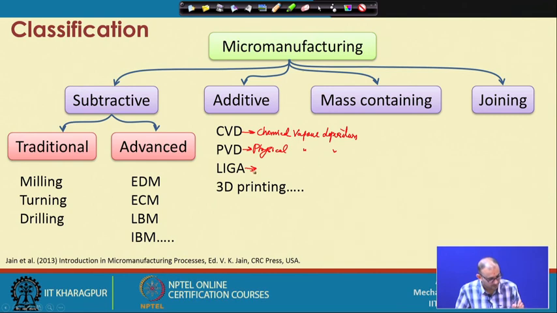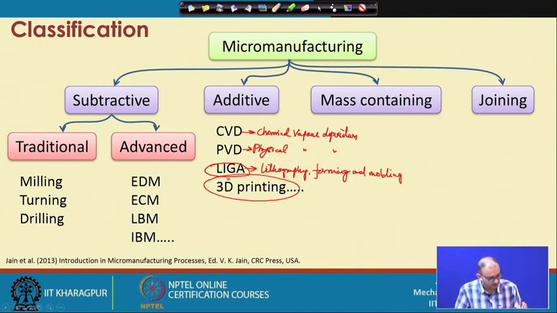This is also one of the processes, LIGA. It is a German name and it is a combination of lithography, forming, and molding.